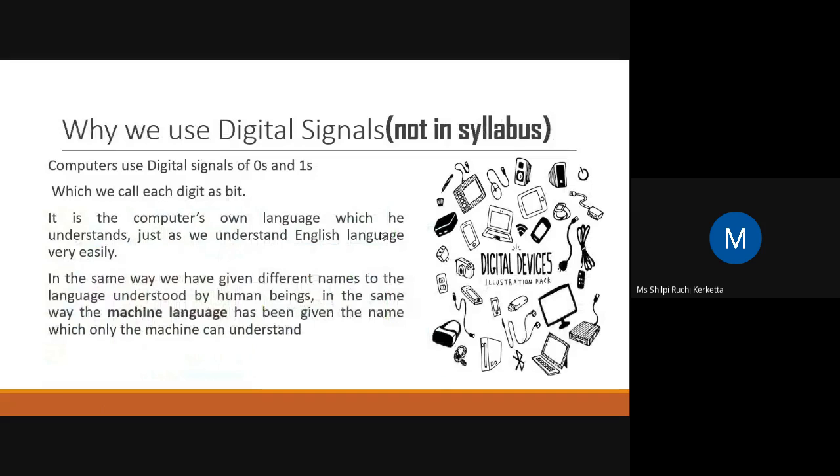So why are we using a digital signal? Because it is a machine language and it is used by machines, in the form of a digital signal of zeros and ones. It is a common language for machines, just as in the whole world we use English as a universal language.